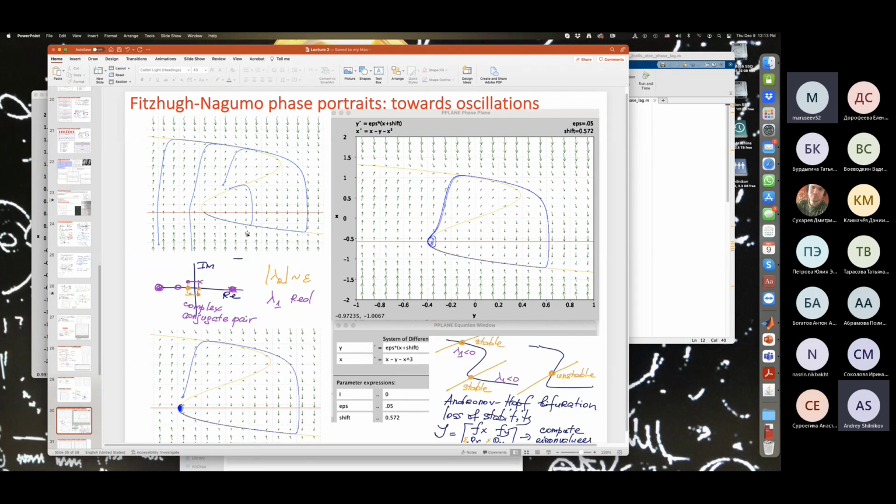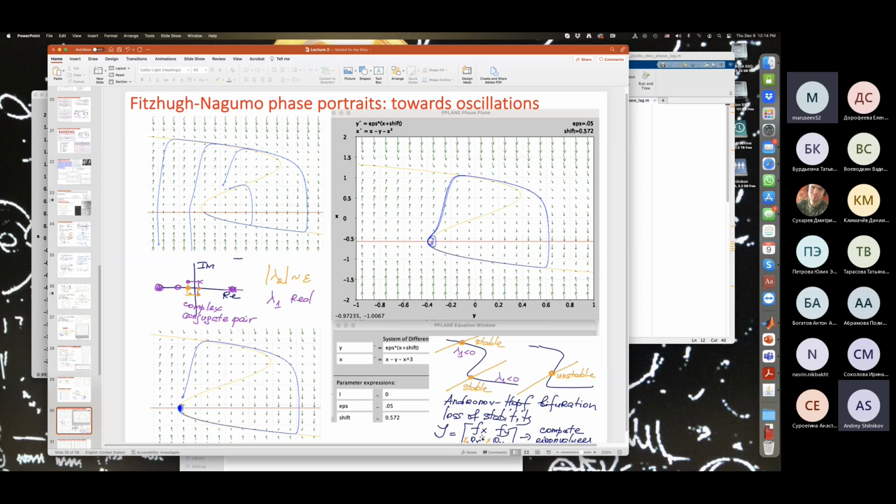Again, this is the case when the intersection occurs quite below the knee point over here, and that's what a slow-fast system is going to give you. You know that it's going to be a stable equilibrium state, but you want to know what the eigenvalues are. So what should you do, typically?